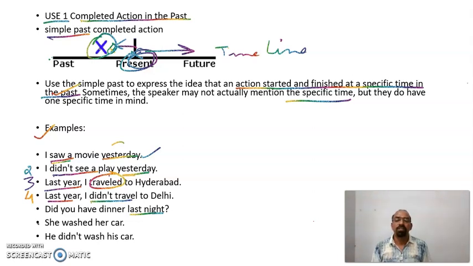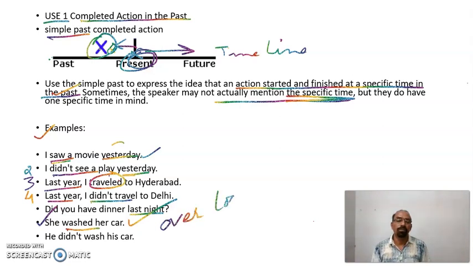Look at this one. She washed her car. So this action was over. No indication of time, no mention of a specific time. Yet we can express it in past tense because it is already over.